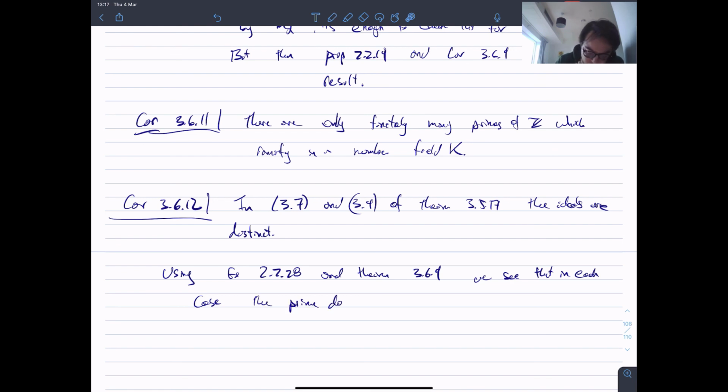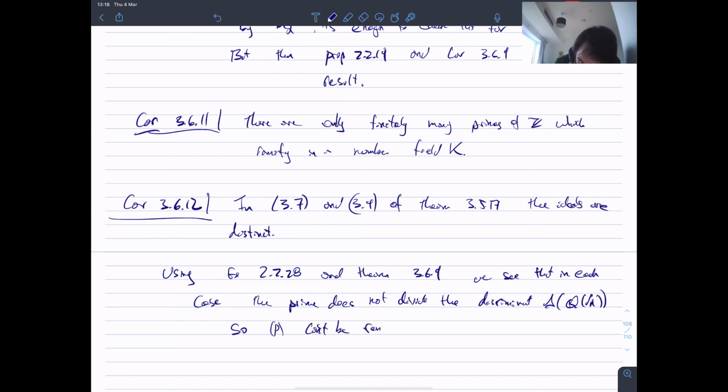This exercise was the one which calculated the discriminants for quadratic fields. So in each case, the prime does not divide the discriminant delta of Q(root n). So they can't be ramified. So p can't be ramified. So the ideals must be distinct.